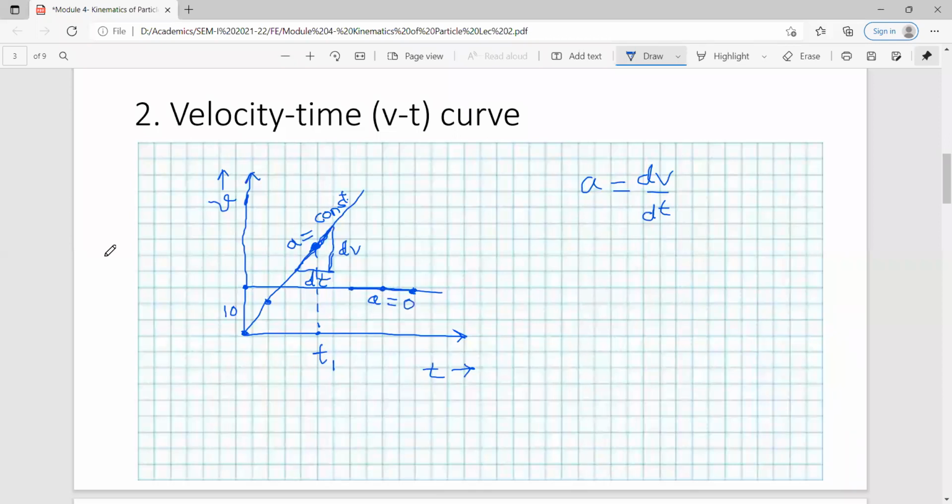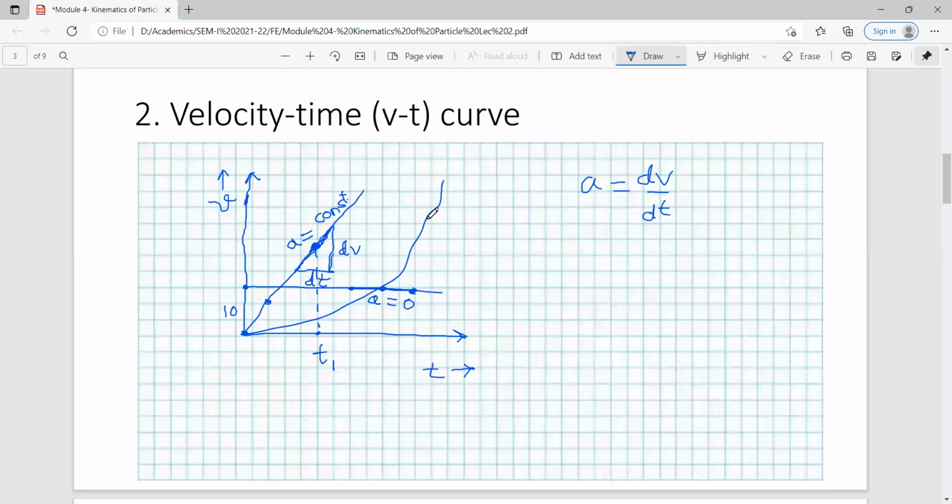Okay. Next, motion could be like there is variable acceleration. Acceleration is there, means velocity is changing, but its rate of change of velocity is not constant. So in that case, you might get any kind of graph like this.